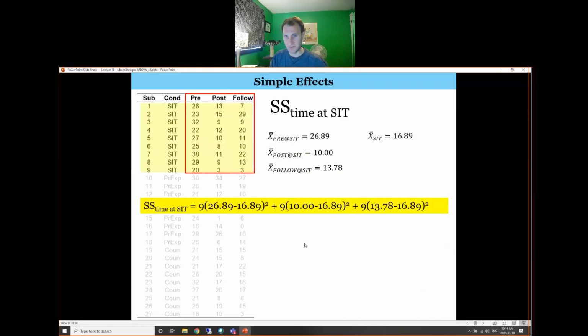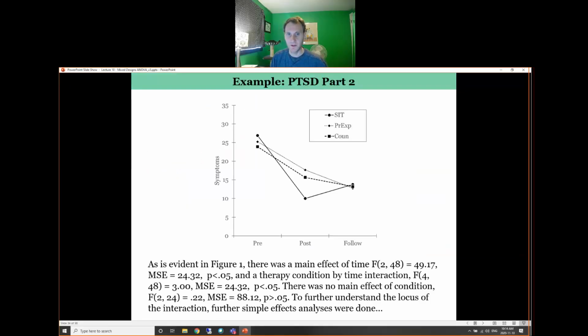So I think it helps to look at the figure. We are looking at within one line. So I just did the SIT condition, right? Is this solid line, is there an effect? We're just looking at the effect of time on the DV at one level of the other independent variable of the group.